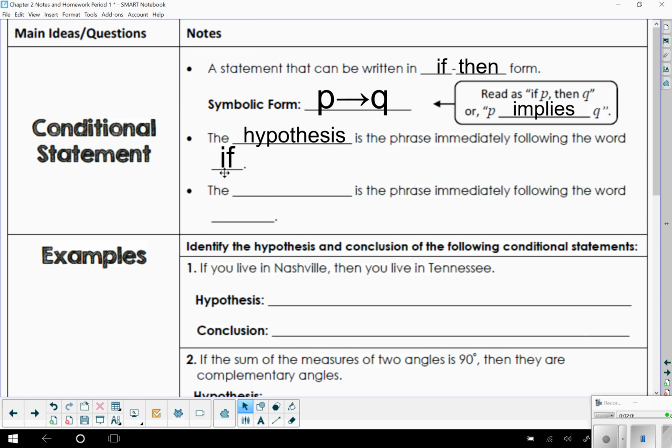And then the conclusion is the phrase immediately following the then.